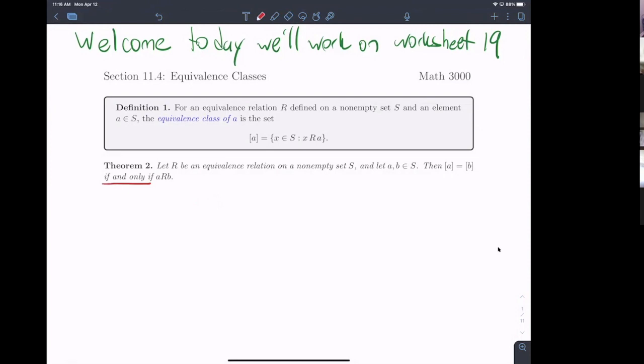Okay, so let's take a look at this. Basically, all we want to say is that if two equivalence classes are equal, then their representatives should be related to each other. And if two things are related to each other, then their equivalence classes are equal. So it's an if and only if, and we've got two directions to prove here.